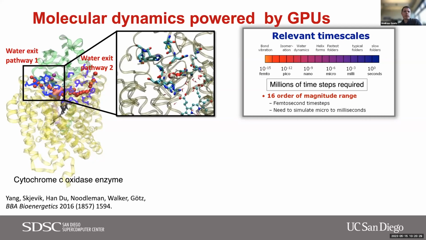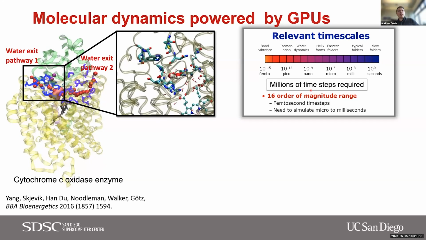So when we're simulating these atoms moving, every individual step that we need to compute cannot be longer than about a femtosecond. But what we're interested in usually happens on the micro to millisecond timescales. And so what that means is basically we need millions of time steps, right? And we don't want to wait years for the simulations to finish.